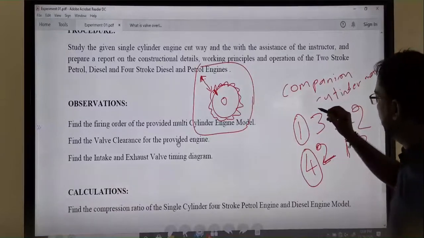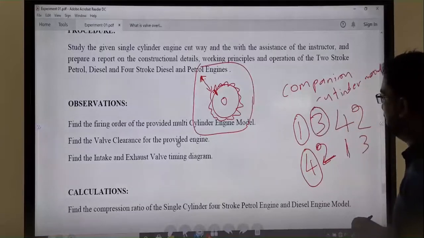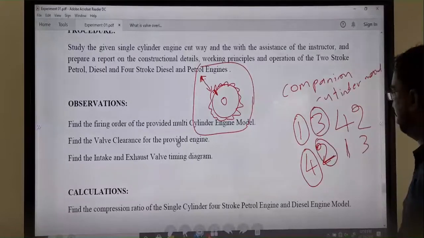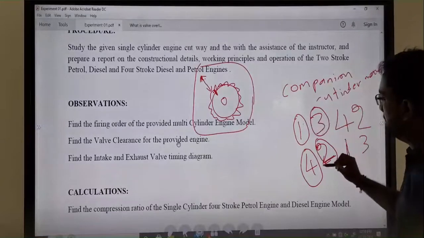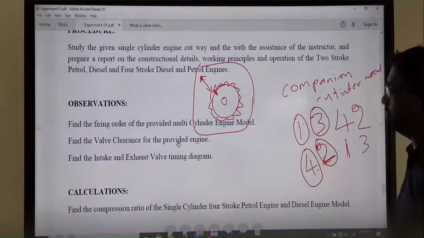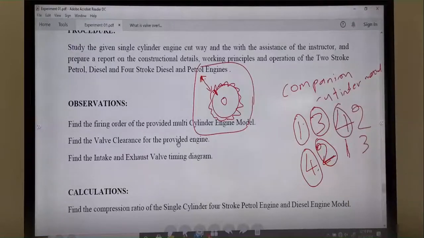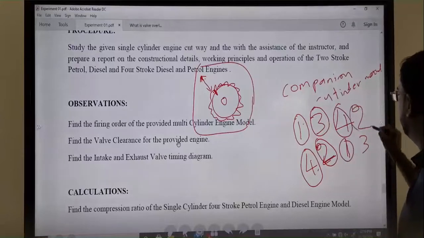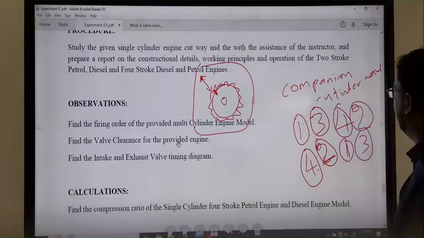When the third cylinder's both valves are open, we can adjust the second cylinder's both valves. The same way, when the fourth cylinder valves are open, we can adjust the first cylinder. When the second cylinder valves are open, we can adjust the third cylinder. This is the companion method.